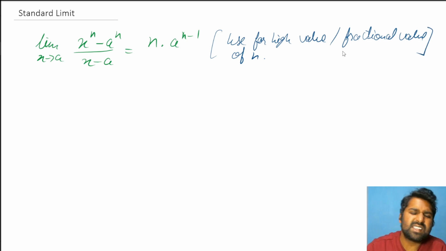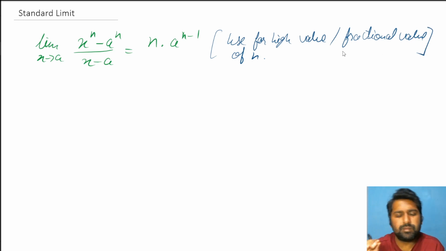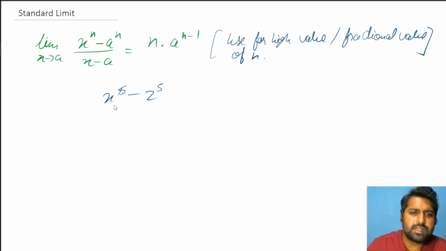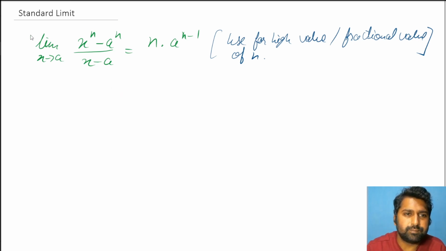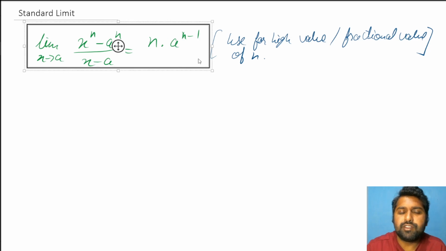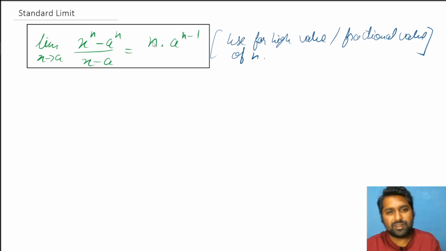If you get n as some fraction or some higher value, like x raised to power 5 or x minus 2 raised to power 5, something like that, or x raised to power 7 minus 2 raised to power 7, something like this. The moment you see those kinds of expressions, you will know that this is standard limit. You have to use this formula. Effectively, the remaining formulas that I was talking about, they are very easy to learn, but this one is slightly typical because it looks like this.